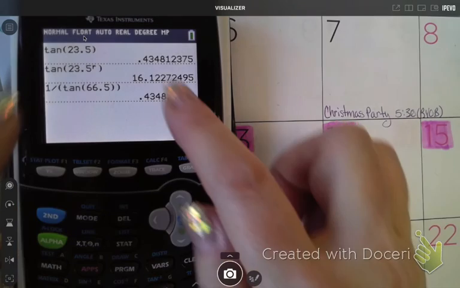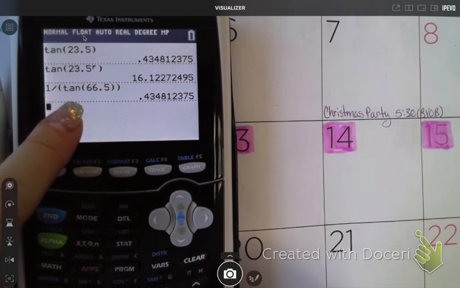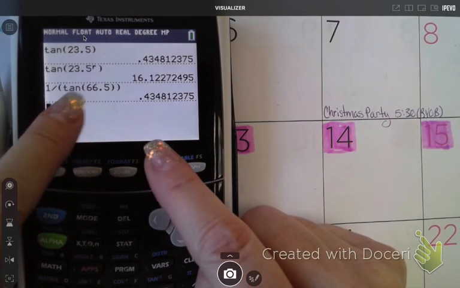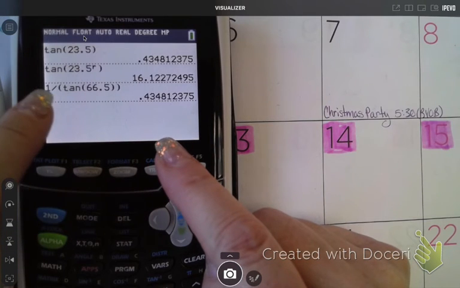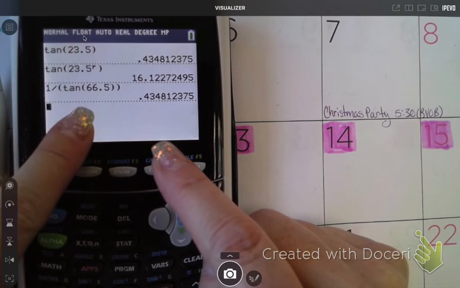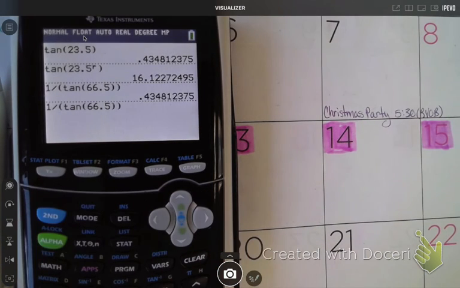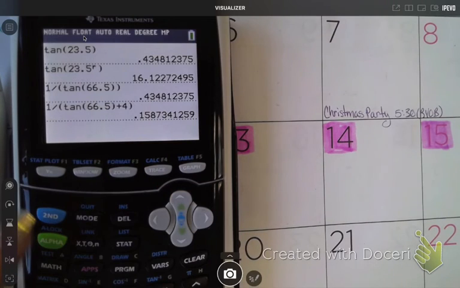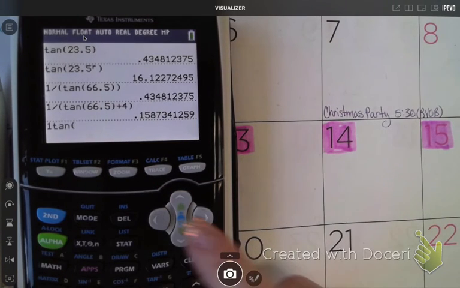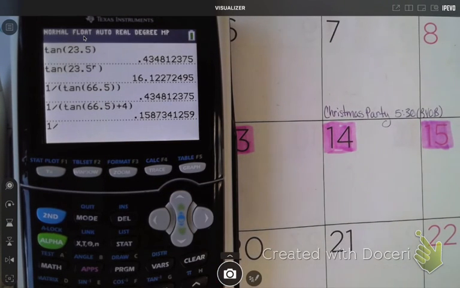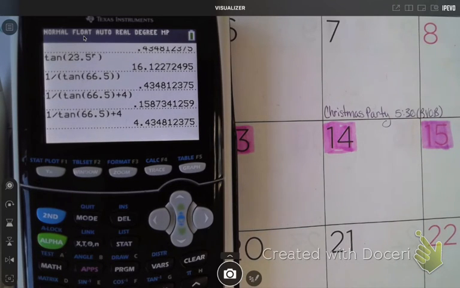Now, right now it's okay because order of operations kicks in and it's going to take the tangent of 66.5 and then 1 divided by that. But if I don't put, I'll show you. If I have a plus 4 here and I don't put the parentheses, so that's the answer. If I don't put parentheses, oops, how about I do the right problem? Is there a difference between my two answers?